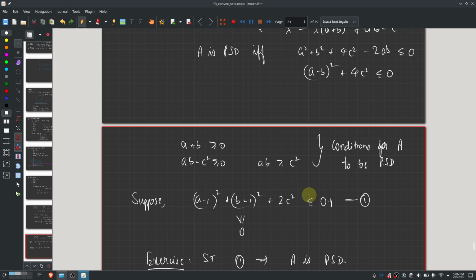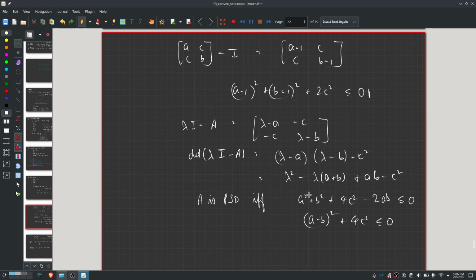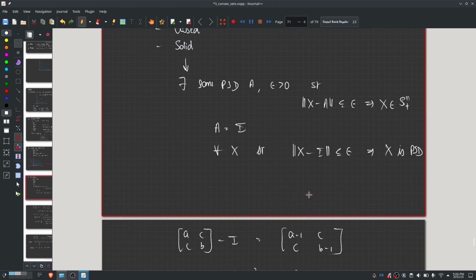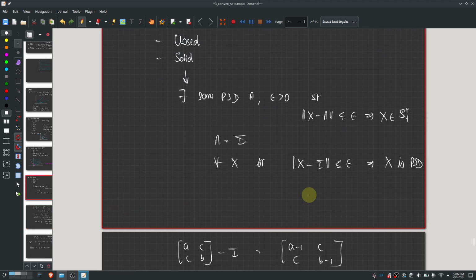But in fact, what I'll need to show is that as long as, let's say, A is very, very close to I, it is definitely going to be positive semi-definite. It requires a little bit of thought, and you need to use some additional tools.